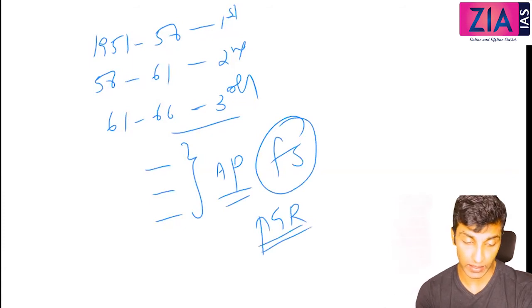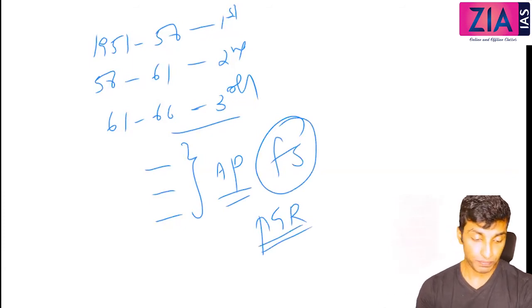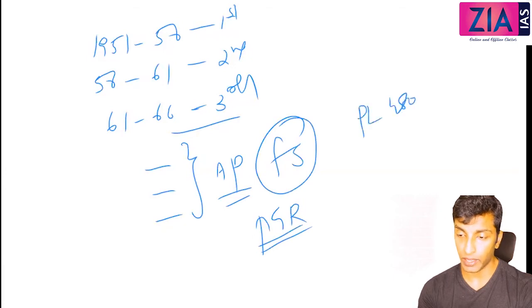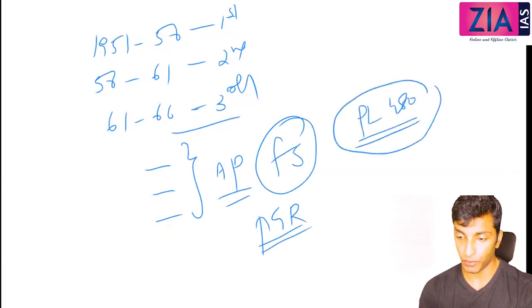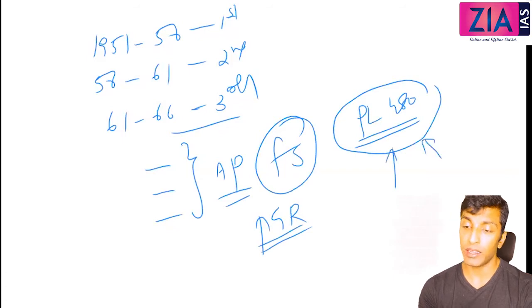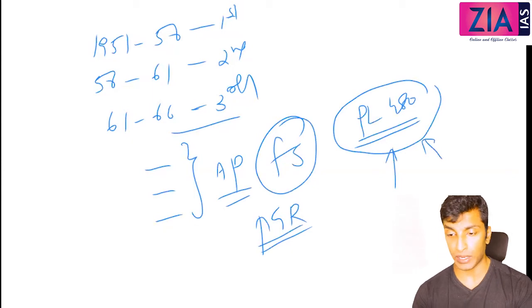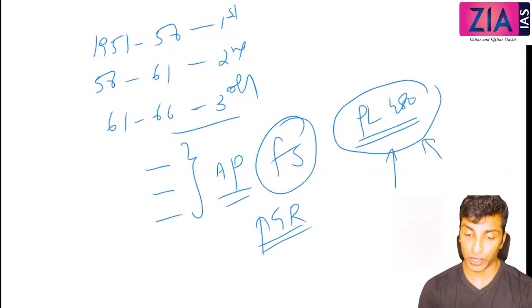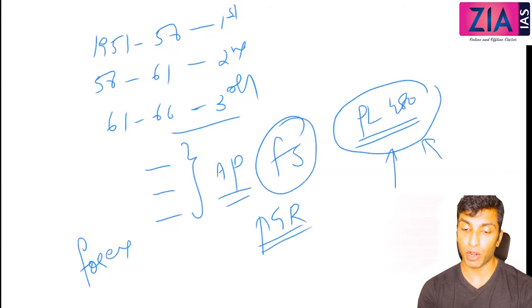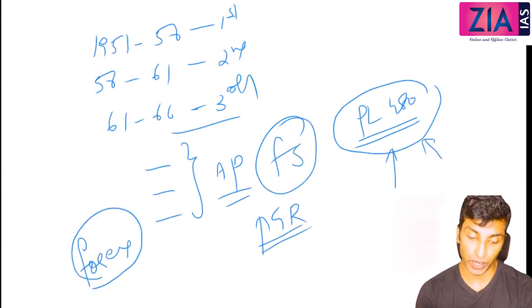Under this PL 480, the US used to supply us food packets or wheat, but they purposely delayed it, and we didn't have much forex at that time. So we were facing the problem of forex also. When you have a problem with forex, you cannot import.